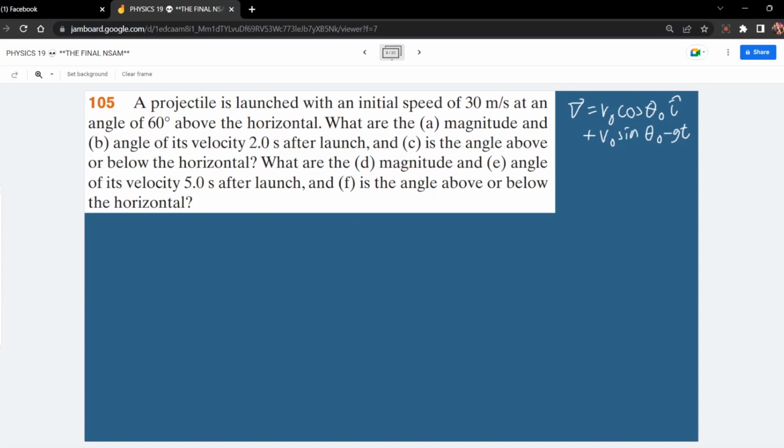Okay, a projectile is launched with an initial speed. Bakit may, ano to? May I-hat? Ayun, so may J-hat.